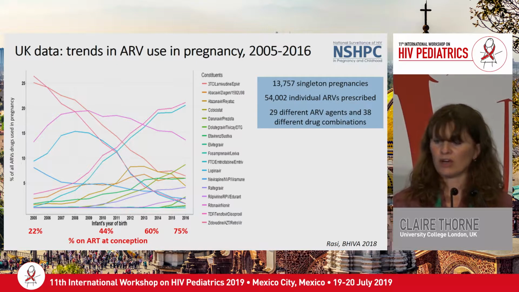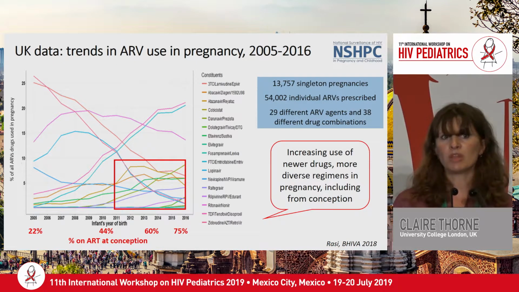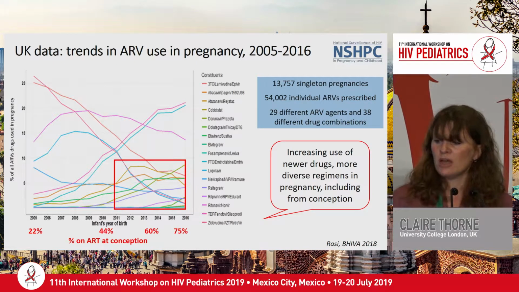Along the bottom of the slide, I've given the percentage of pregnant women on ART at conception. But the main reason for showing this slide, and I know it's difficult to read, is to highlight the increasing use of newer drugs and more diverse regimens in pregnancy, including from conception.